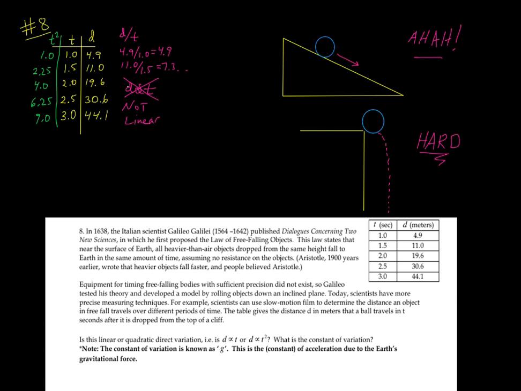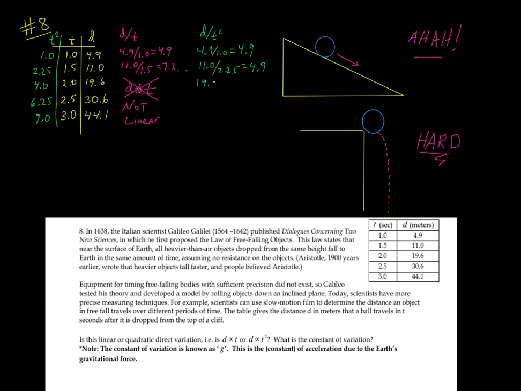Great. Now let's look at the ratio of d to t squared. 4.9 divided by 1.0 is still 4.9. Now if I do 11.0 divided by 2.25, you can check that that's still 4.9.